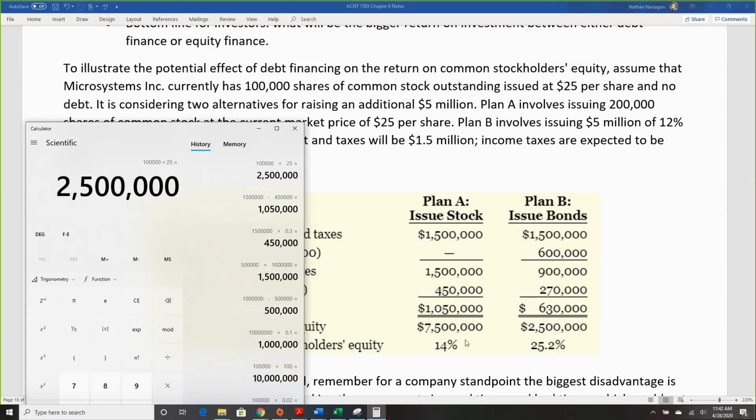Here, since they're issuing additional equity, we take 200K shares, multiply it by the value they're selling it for, so 500K, and add it to our current equity. This is where they get this $7,500,000.